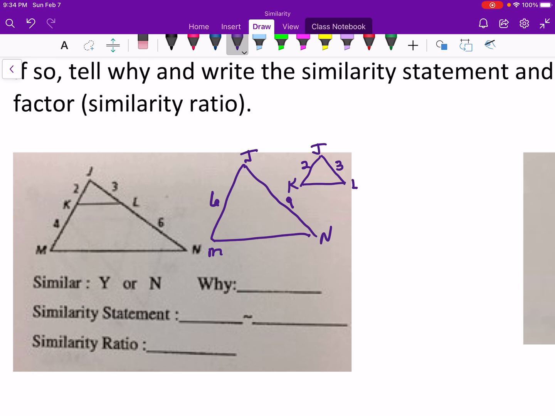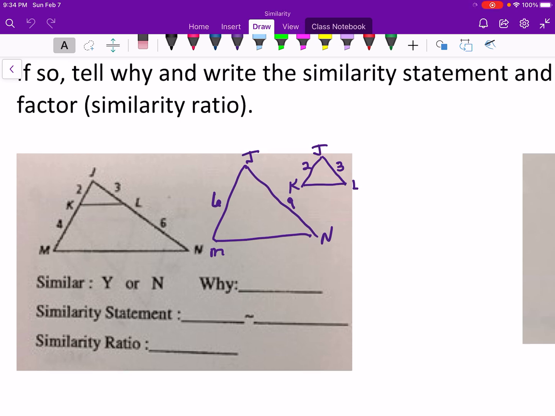Well, if you take a look, we don't know anything about 2 pairs of corresponding angles, so it's definitely not AA, can't use that. We do know something about 2 sets of sides, so let's check those out. This might be the SAS, because we know something about 2 pairs of sides and the angles. We do know that angle J is congruent to angle J, because they both share it, so there's a congruent angle.